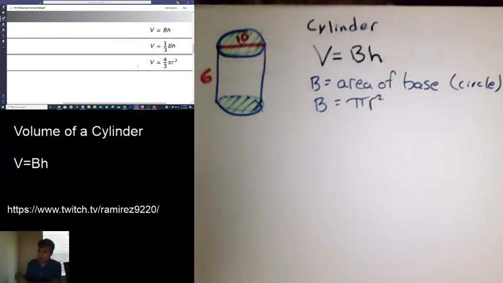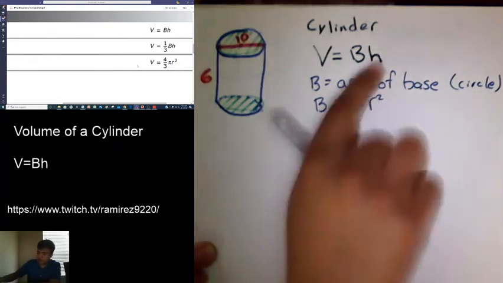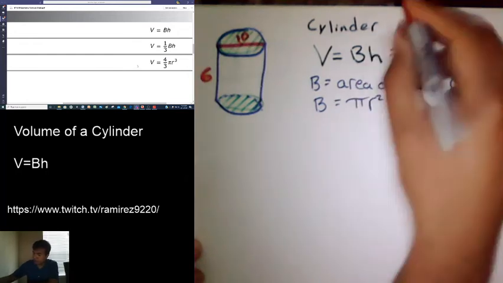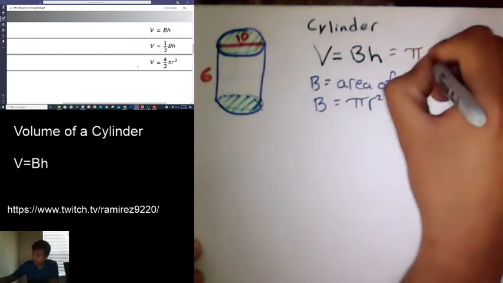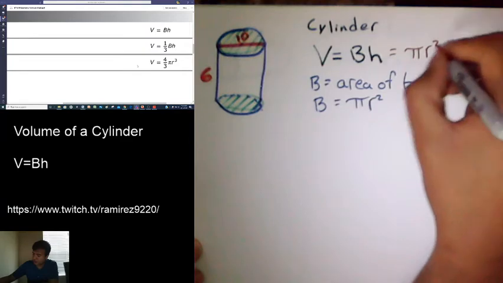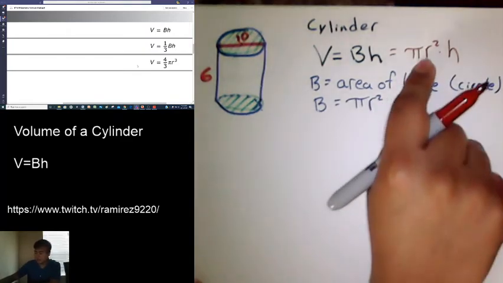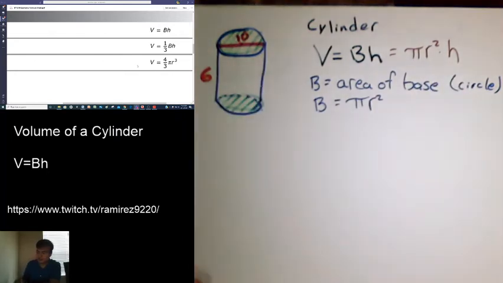So let's say we have to solve this. All you need is two values, your radius and your height, because this formula becomes pi r squared times height. So you only need to know your r and your h in a cylinder.